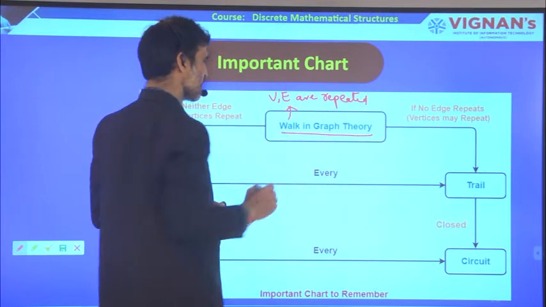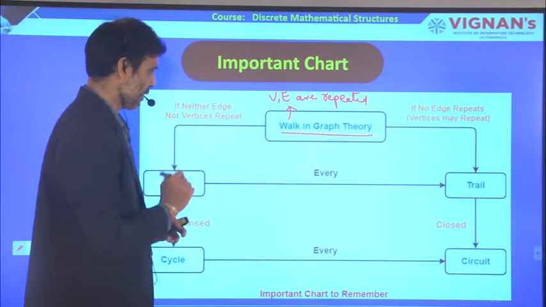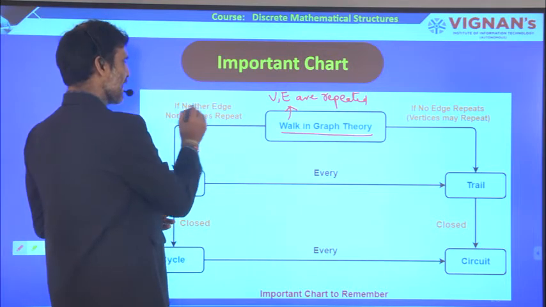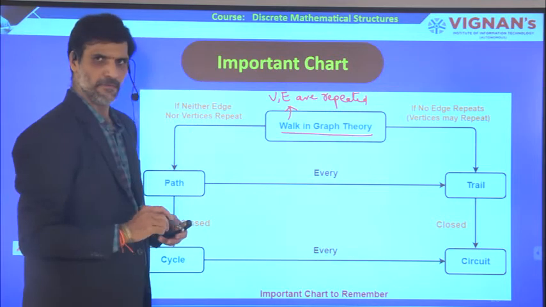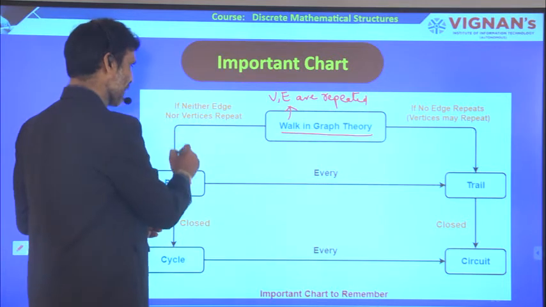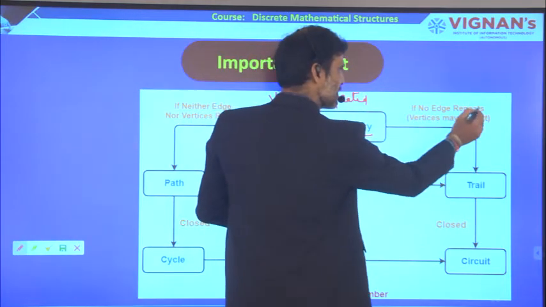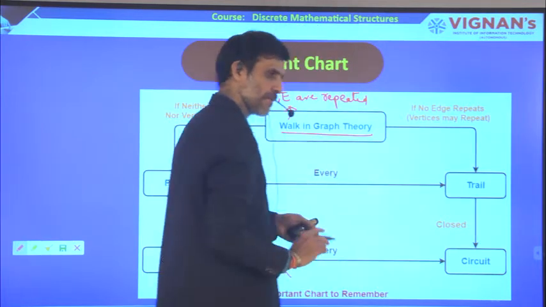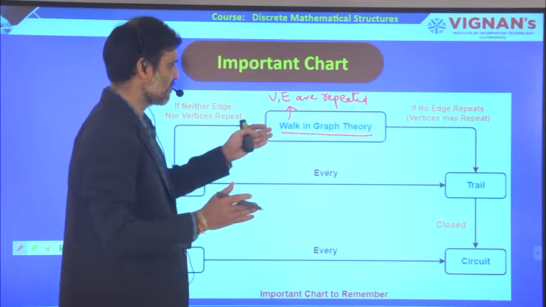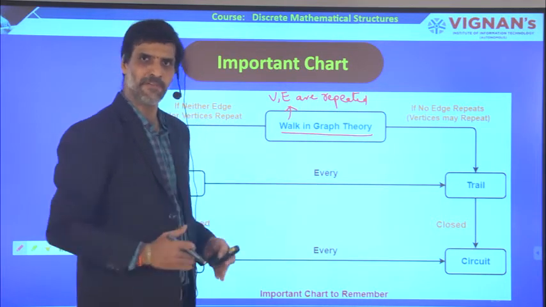This is what we started with in our lecture. Now coming to the next case, neither edges nor vertices are repeated. And in the other case, no edge is repeated, but vertices may be repeated. These are the two ways we can categorize the given walk in graph theory, which we have already shown in the previous table.